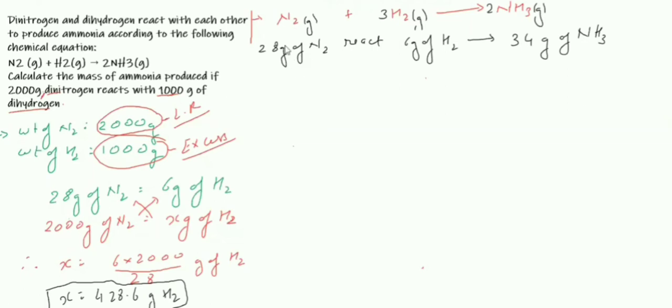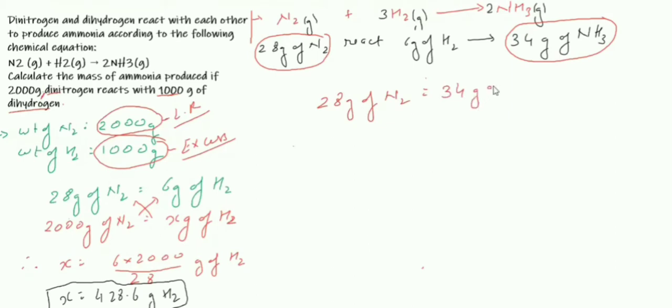According to the standard information, 28 grams of nitrogen will give us 34 grams of ammonia. That is the standard value. Every 28 grams of nitrogen can react and give us 34 grams of NH3, that is ammonia. So we write this information: 28 grams of N2 will give us 34 grams of NH3.